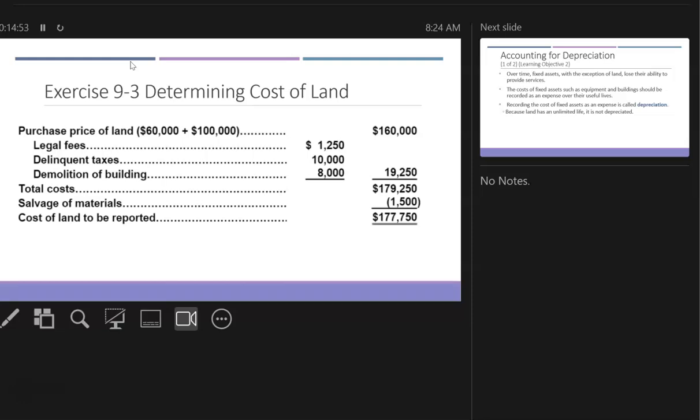So it's the net amount that you add to the land. Since they took down the building, it cost them $8,000, but they received $1,500 cash for some of the materials. They net that. So the cost of the land that we would show on the balance sheet would be $177,750. Make sense, guys?